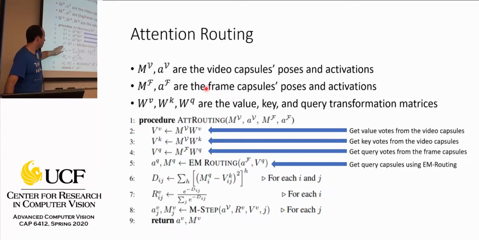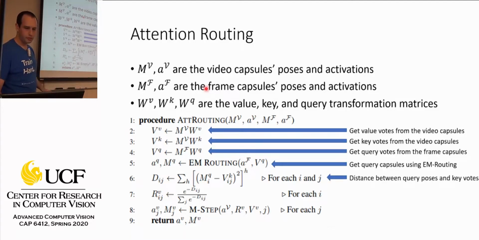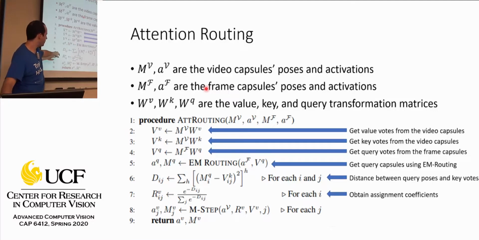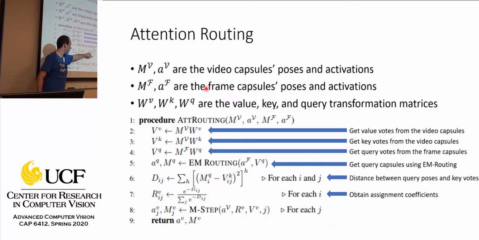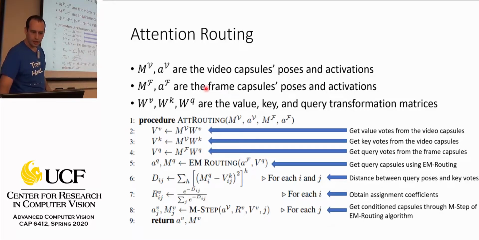Then we perform EM routing on the query votes to get some set of query capsules. Then we perform this Euclidean distance and softmax operation that I talked about to find the similarity between the queries and the keys. And then we just obtain these routing coefficients. And then we finally use one M step, so one step of the routing algorithm, to obtain our final capsule representation.